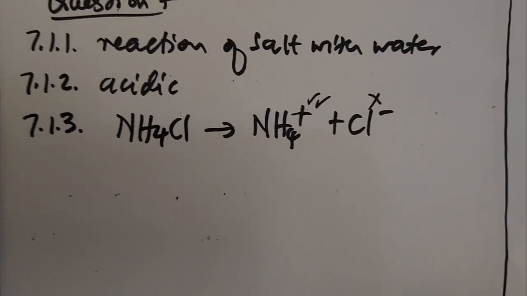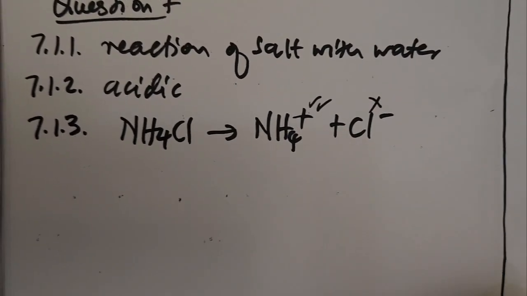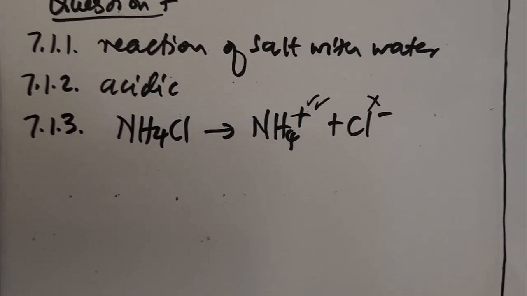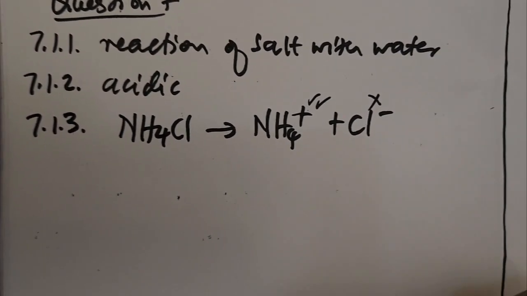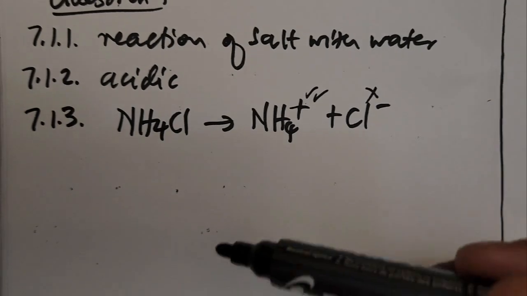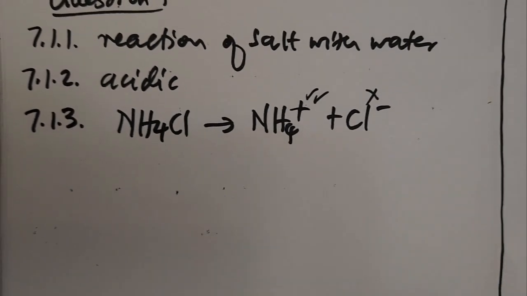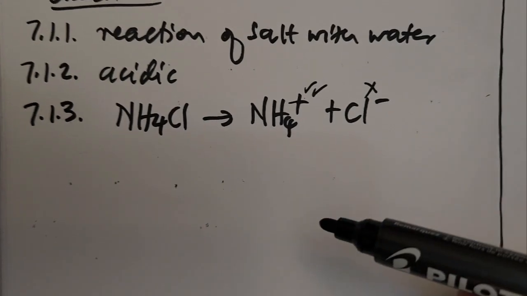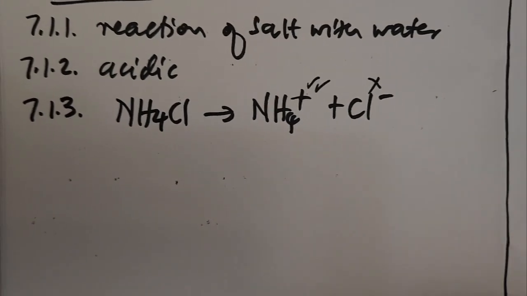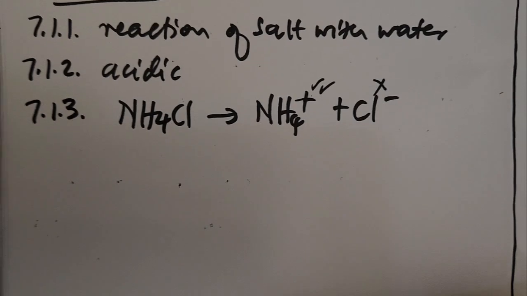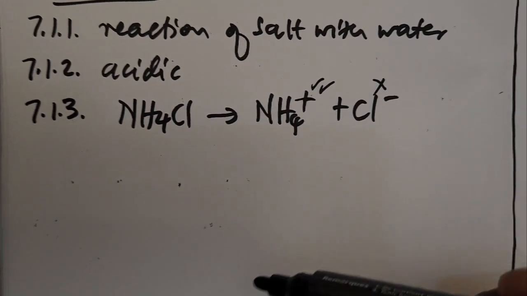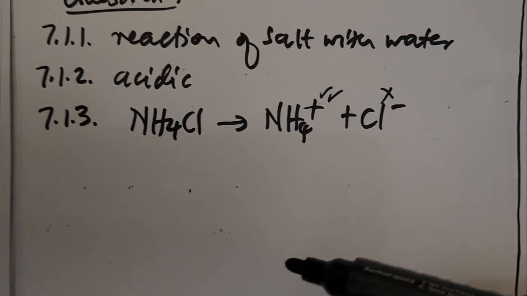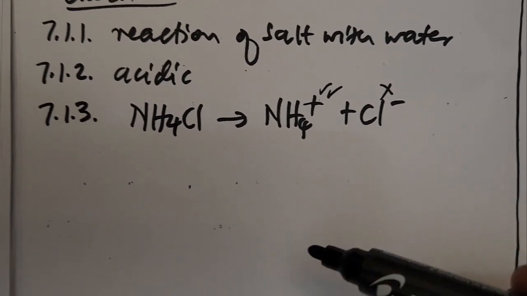The conjugate base of a weak acid is strong. The conjugate acid of a weak base is strong. That's what you should know. So if I've got ammonia, its conjugate acid will be strong.